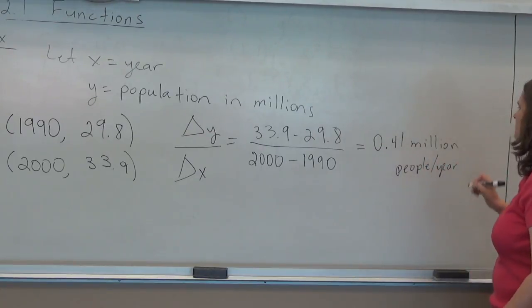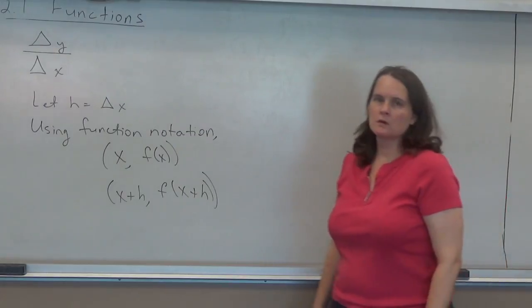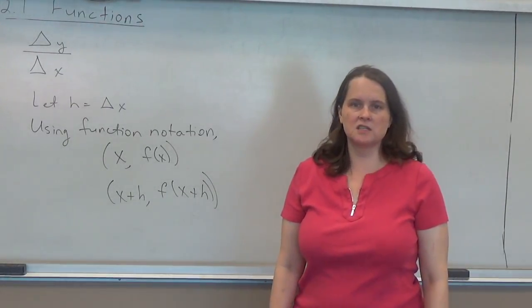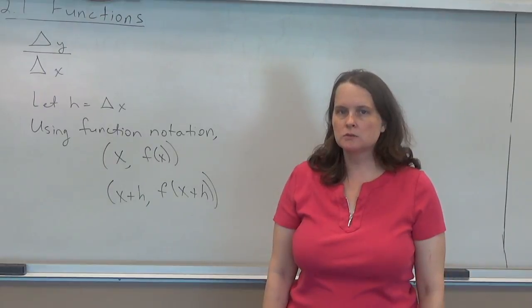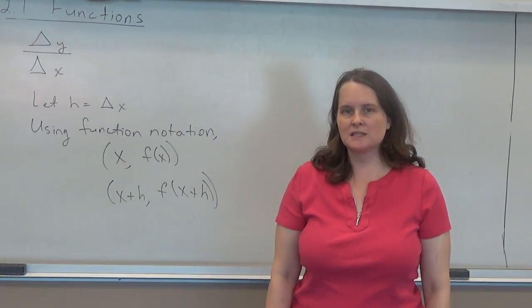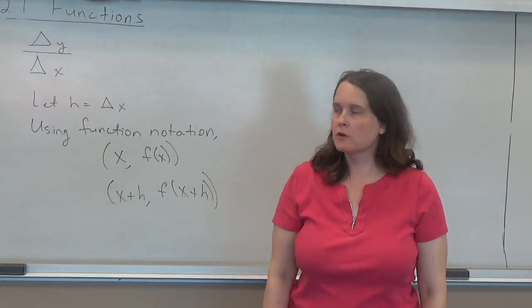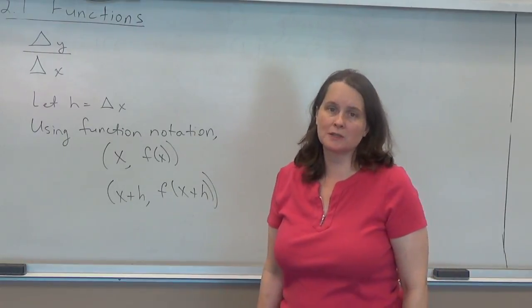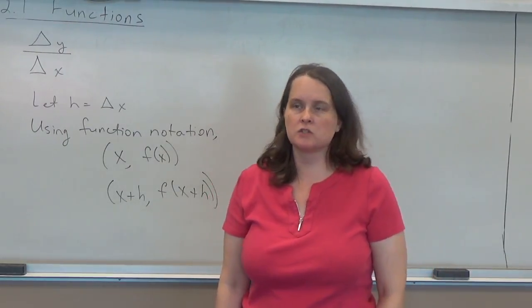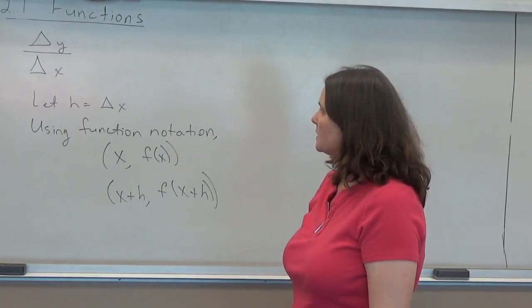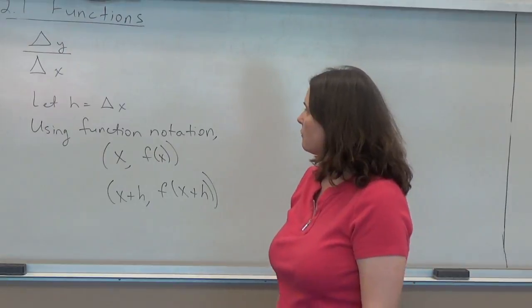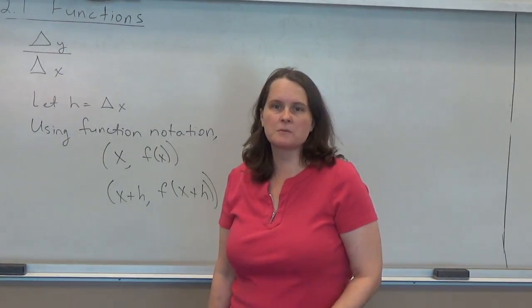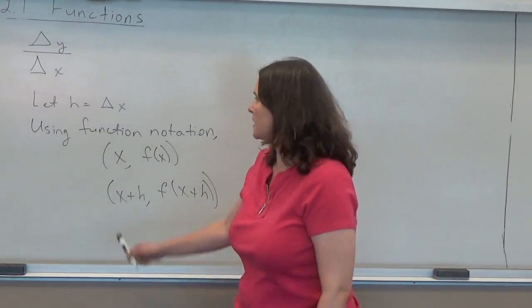So with the example that we just did using average rate of change, we were still working with a linear model. If we want to extend that to a curve, we're going to want to extend our concept of the average rate of change. If we're still thinking of this in terms of change in y over change in x, we're just going to substitute our change in x with the letter h.